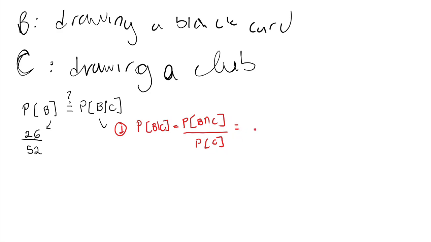So if you think about the equiprobable sample space, within the 52 cards, and I'm working on the numerator here, what are the number of cards that are black and clubs, right? Well, black and clubs are actually 1/4 of the deck, right? So it's actually 13 cards, okay?